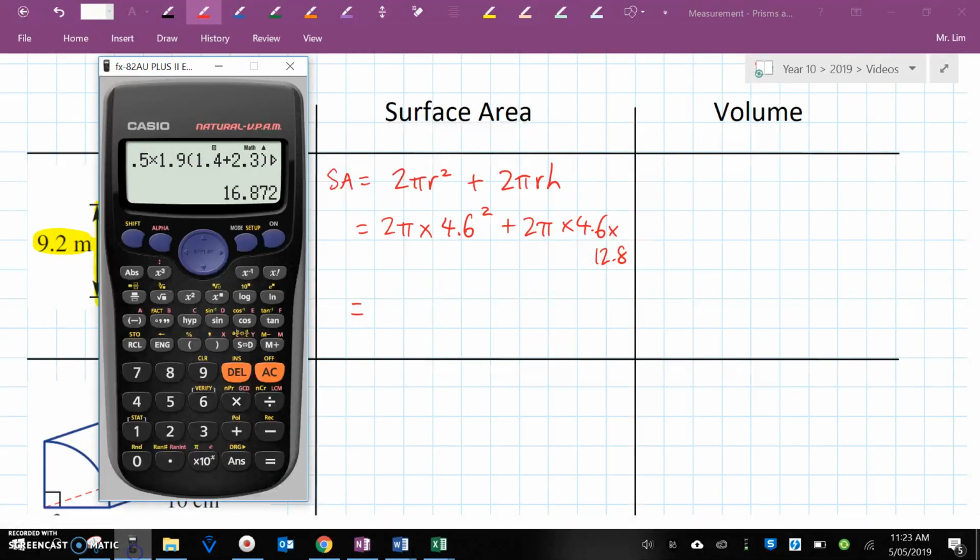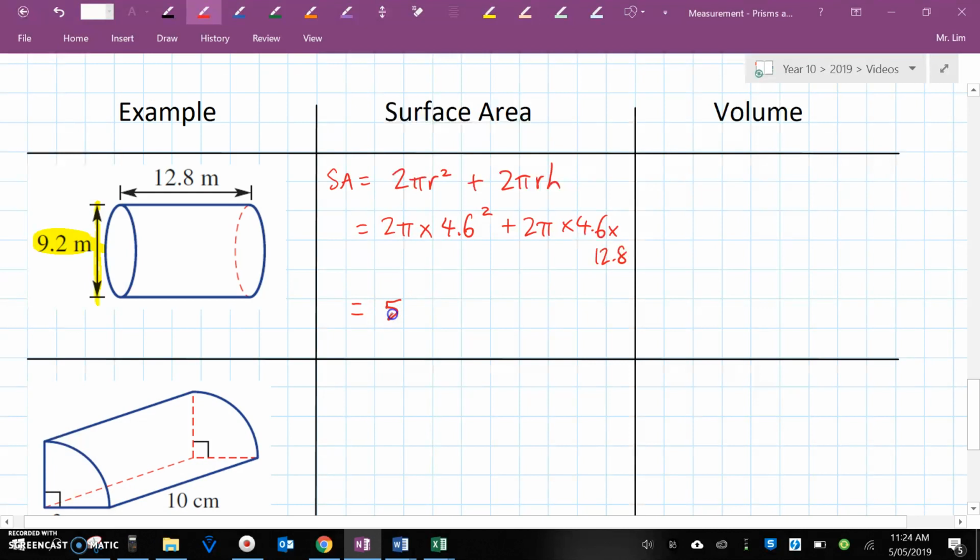When we put that in our calculator, 2 pi times 4.6 squared plus 2 pi times 4.6 times 12.8, 502.91 square meters. Okay, meters squared. The volume is pi r squared h.